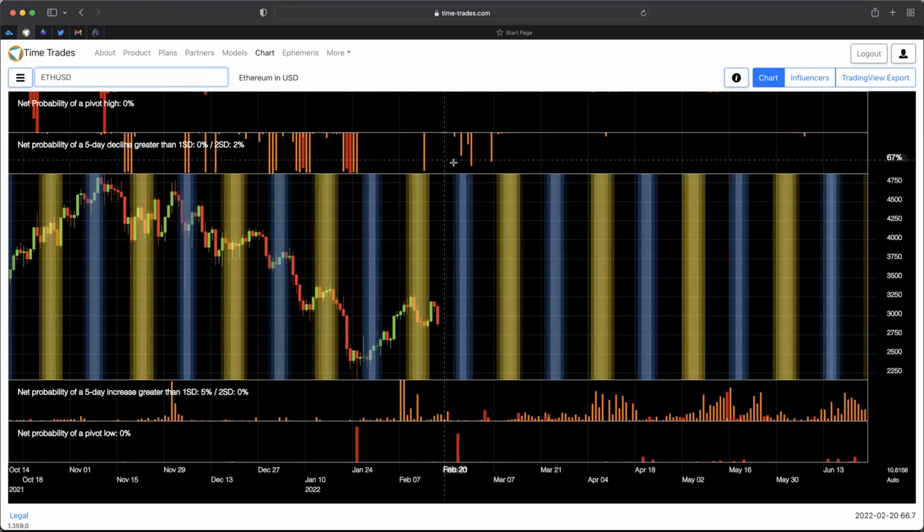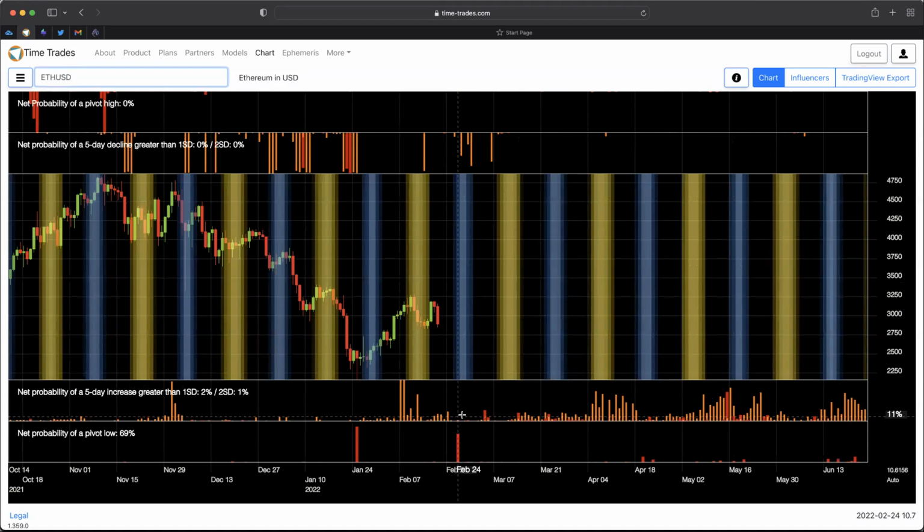I also noticed there's some isolated big down days here, but certainly after mid-March, March 14th or so, an extended bullish run is forecast for Ethereum, with a couple of peaks. One is around early April and the other is around early May. So again, to me, this looks like a good opportunity here to pick up some Ethereum on a discount.